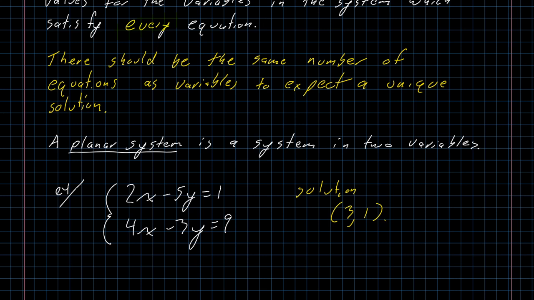And we're not surprised that there is a unique solution, because this is a system of equations in two variables, and it is a system that contains two equations. Two unknowns, two equations, one solution.